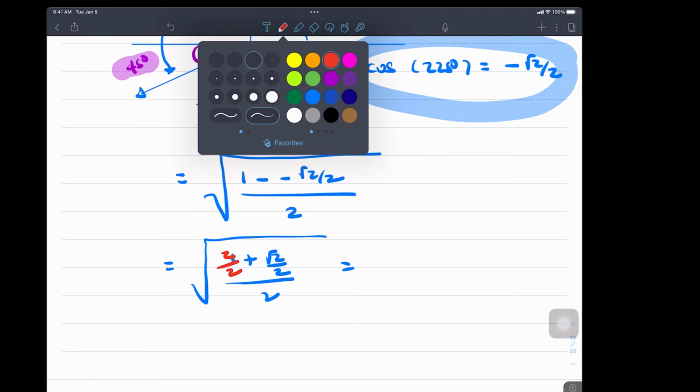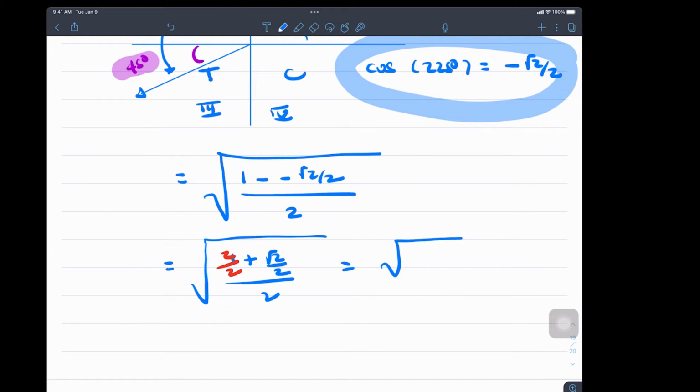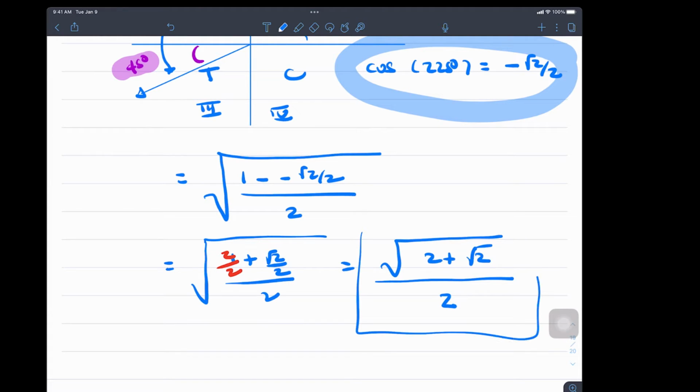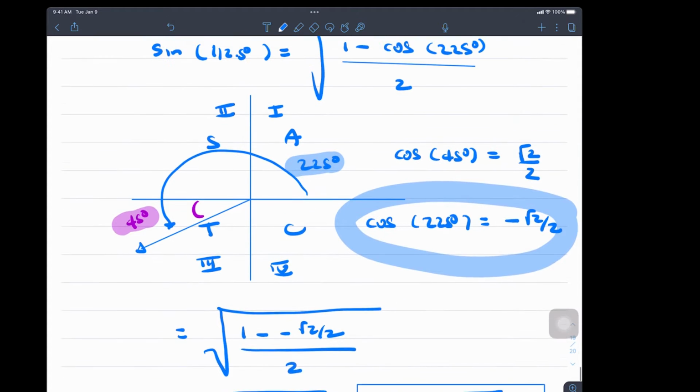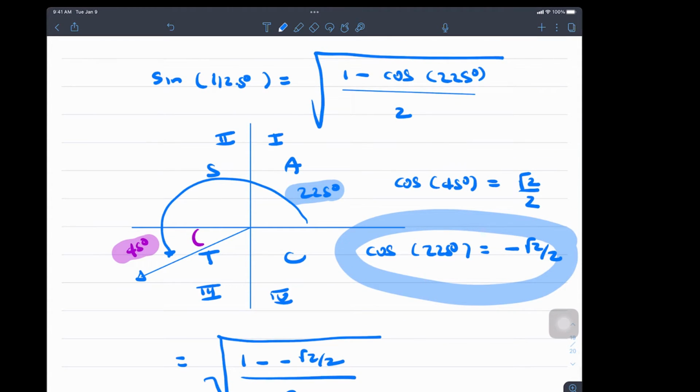Do you guys know what this is going to give you? 2 plus the square root of 2 ultimately over what? Over, yeah, it's going to be square root of 4, which you're right, is going to be a 2. Okay? So double check, ladies and gentlemen, with this stuff. Notice finding these exact angles are pretty important. They're pretty fun. Okay, so notice that. We're looking at putting all of that detail together.